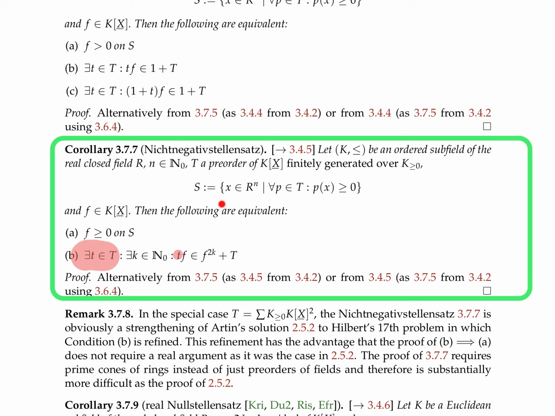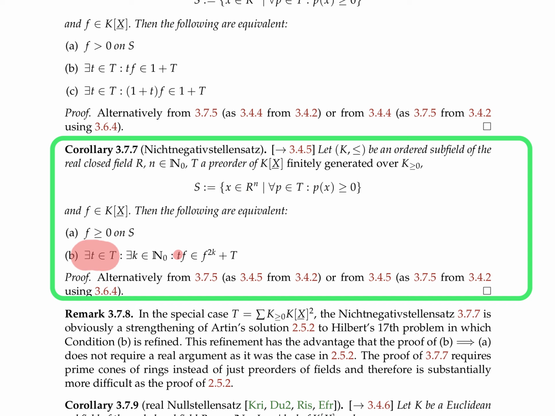It's defined by finitely many polynomial inequalities. It's a subset of R to the n. A basic closed K semi-algebraic subset of R to the n.